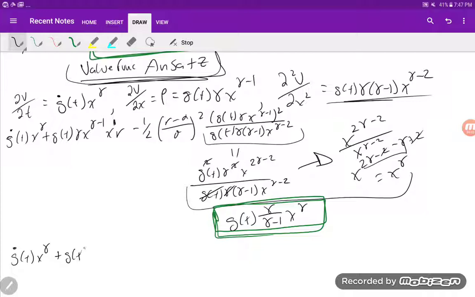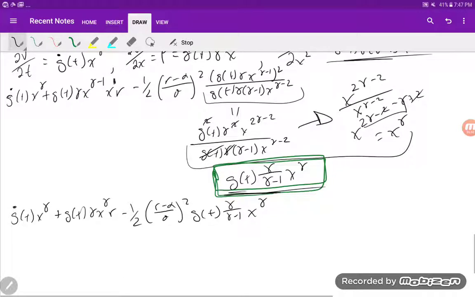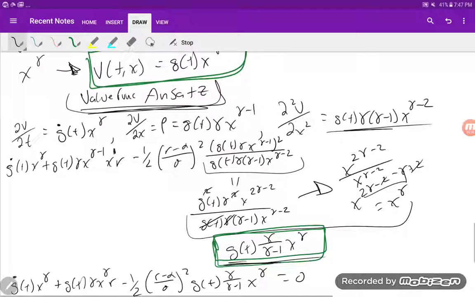So g of t, or I should say gamma x to the gamma, r minus 1/2 (r minus alpha over sigma) squared. And then this nice term we just derived, that is hopefully correct. We'll find out in a second here if I'm able to solve this PDE, equals 0.